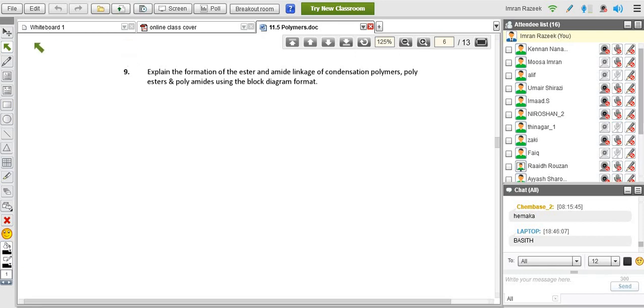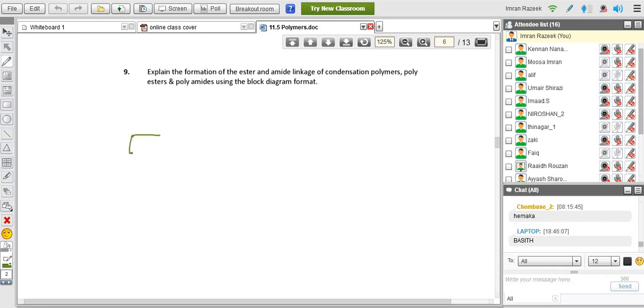In condensation polymers, two or more different types of monomers combine via an elimination reaction, and here I'm going to explain to you using the block diagram how these monomers combine. So I'm going to start with the ester linkage.